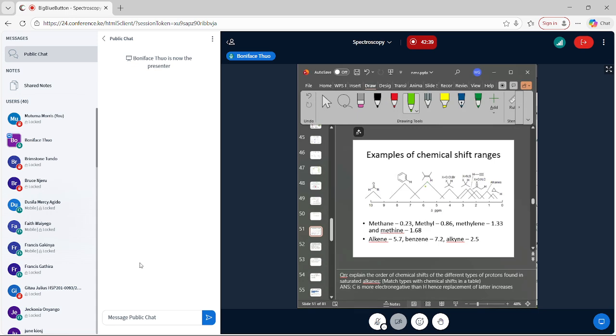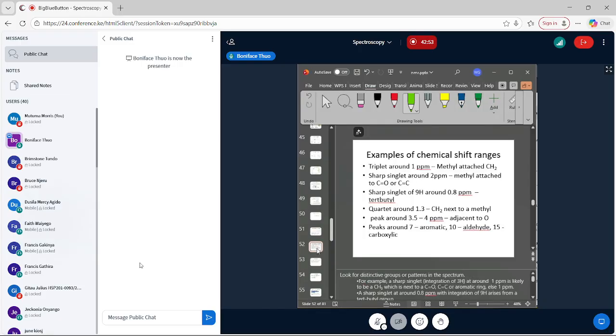If you look at the splitting pattern, it's probably split into a doublet. That means there is only a single proton coupled to it. So by looking at the splitting pattern, it gives you an idea of the connectivity.